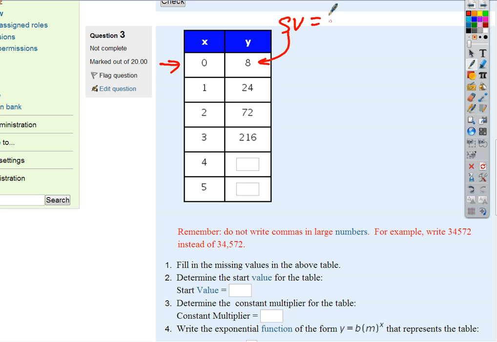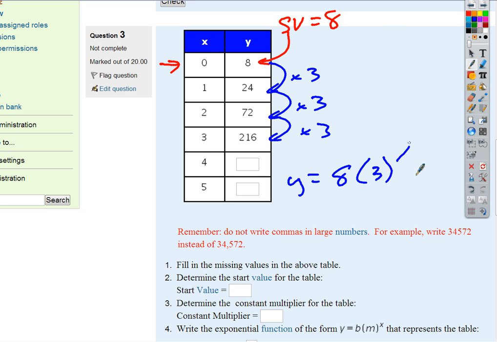Now the constant multiplier is just what we multiply by every time we move to a new term. So it's 3, isn't it? Because we're multiplying by 3 times 3 times 3, right? And so it's just going to look like y equals 8 times 3 to the x.